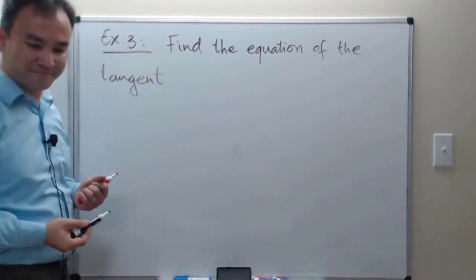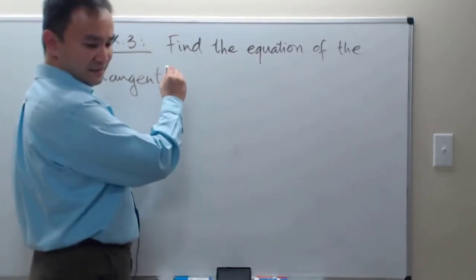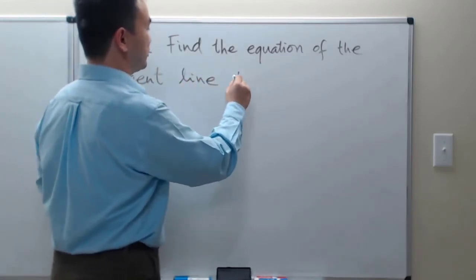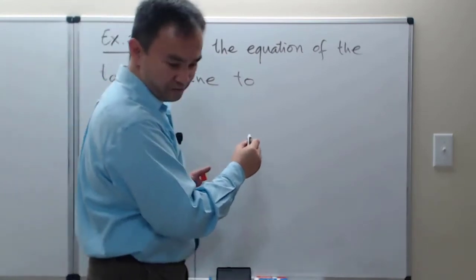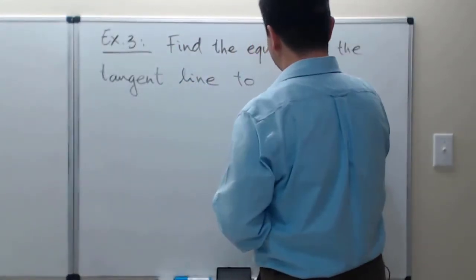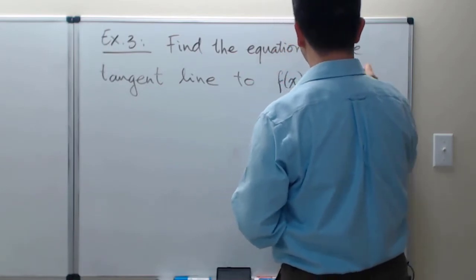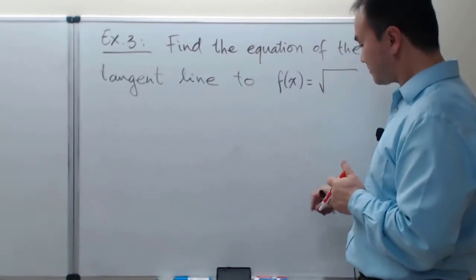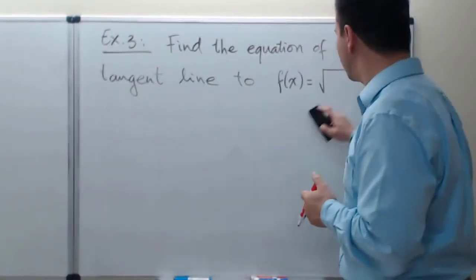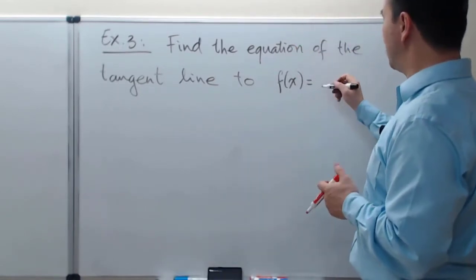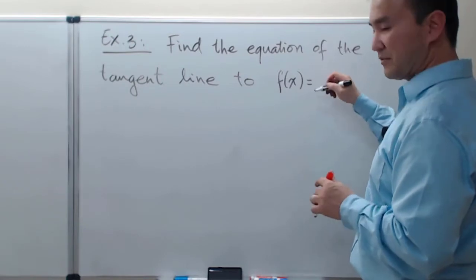Okay, and tangent line, but tangent to our function f of x equals... how about actually let's not stay with square root because we've just had square root in a very previous example.